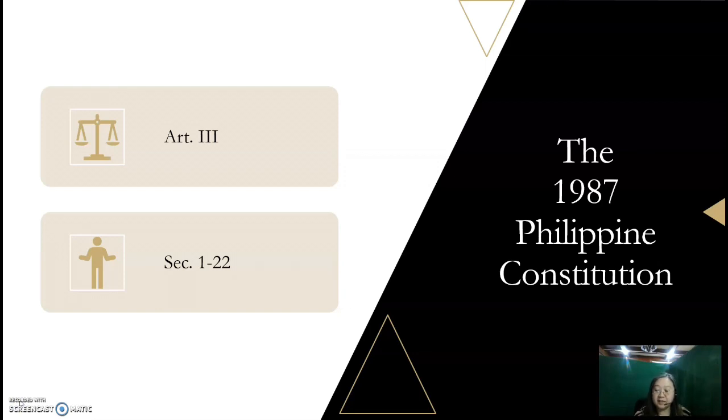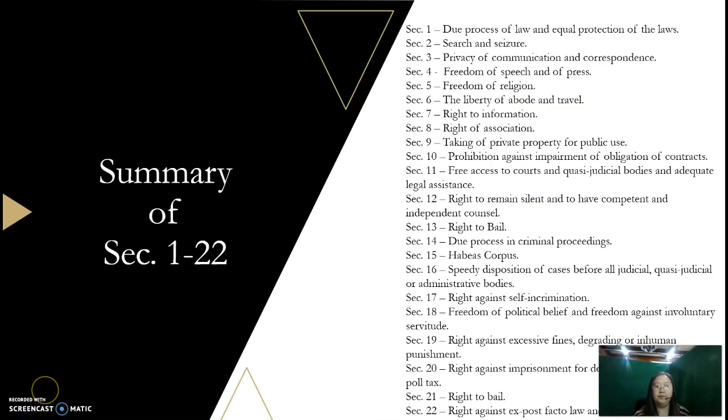Inside the 1987 Philippine Constitution, we can find the Bill of Rights in Article 3, and it is composed of 22 sections. So, Article 3, sections 1 to 22. Here is a summary of sections 1 to 22.